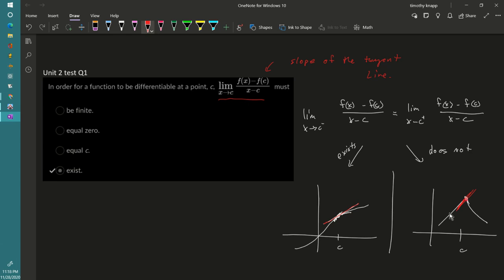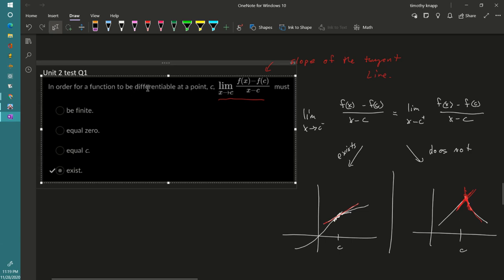Whereas here, if I approach C with various secant lines coming like this, here's a secant line, here's one, until finally I get to C. You can see that these two red lines I've created are not equal, and so the slopes of them are not equal. So this is what it looks like when the left and right hand limits of the slopes of the secant lines do not agree, and therefore it is not differentiable under those circumstances.